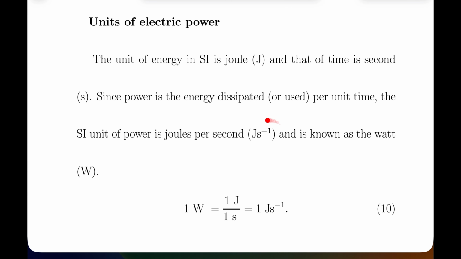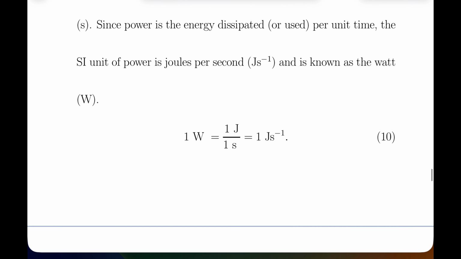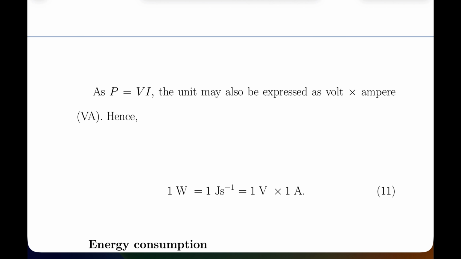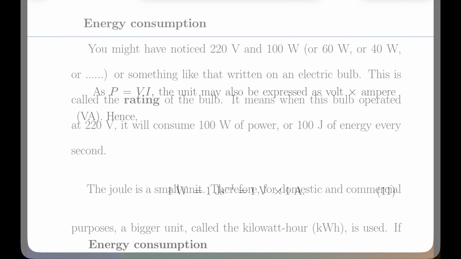So joule per second has a name watt. 1 watt is 1 joule by 1 second. So this is 1 joule per second. As P equal to VI, the unit may also be expressed as volt into ampere, VA. Hence, 1 watt is 1 joule per second is 1 volt into 1 ampere.